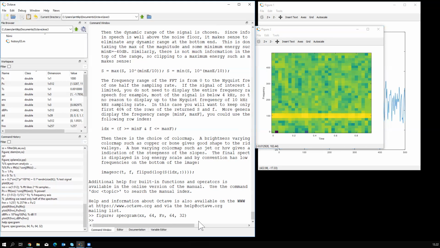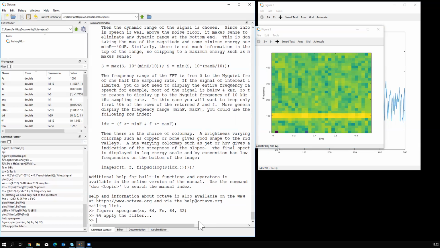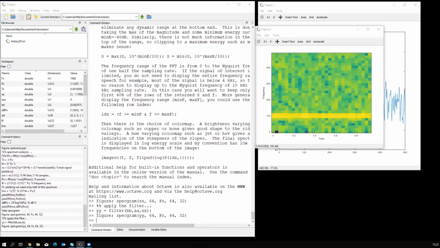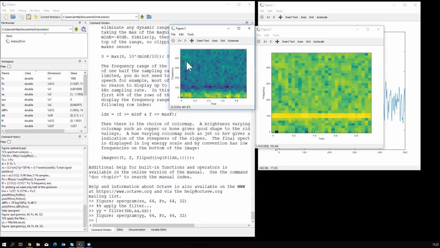Let's filter and see what happens to that noise. So apply the filter. The output of the system, which is defined by B and A, with input X, is like that. Then figure, and let's see what happened to that noise. Wow.